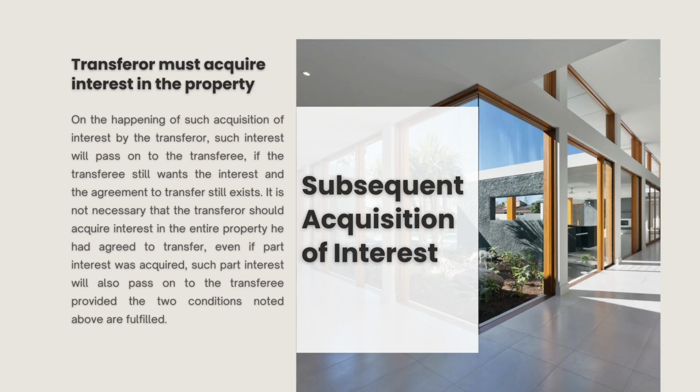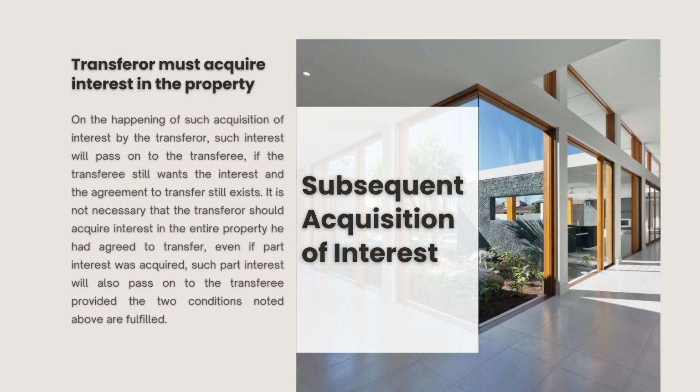Now, on the happening of such subsequent acquisition of interest by the transferor, such interest will, on the operation of Section 43, pass on to the transferee, if the transferee still wants the interest and the agreement to transfer still exists. It is not necessary that the transferor should acquire interest in the entire property he had agreed to transfer.